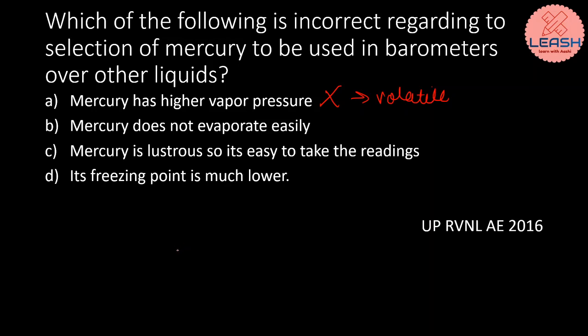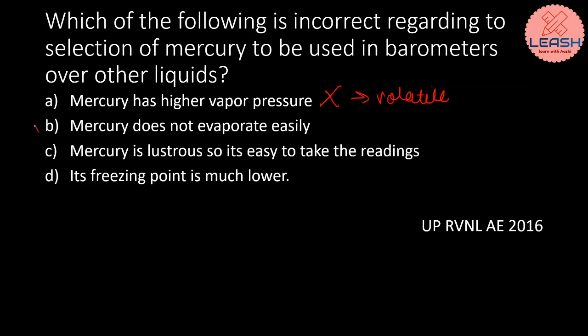If mercury has low vapor pressure, atmospheric pressure is sufficient to keep it in liquid form. Whereas if it had a high vapor pressure, atmospheric pressure would not have been sufficient to keep it in liquid form, and we would need a pressure more than atmosphere to keep it in liquid form. So the first statement itself is very wrong.